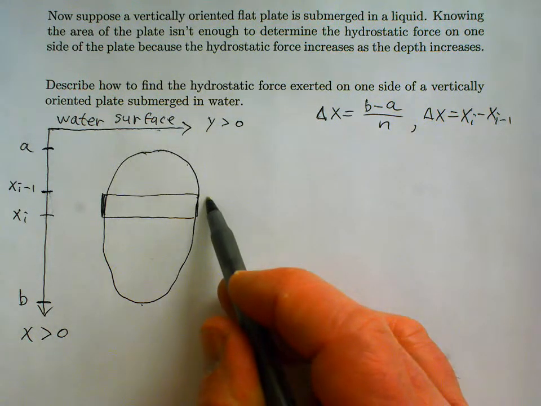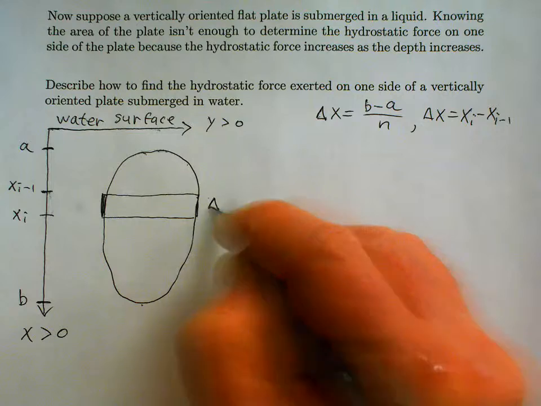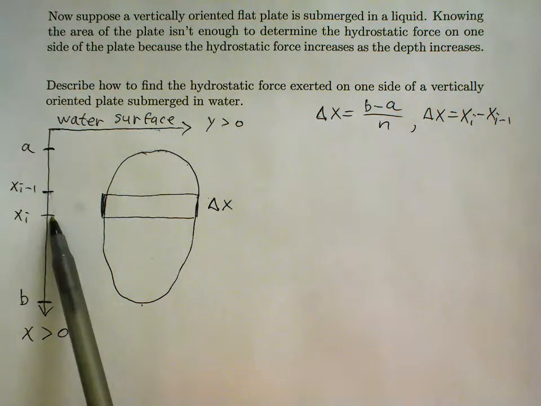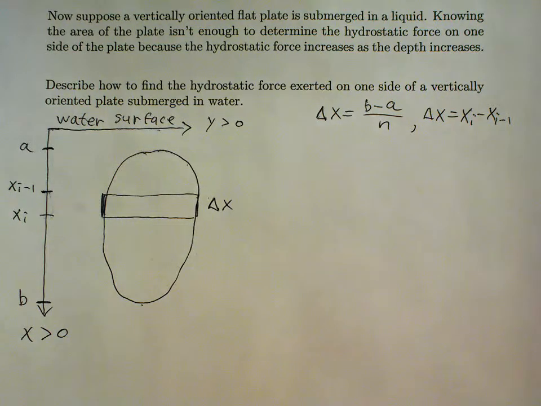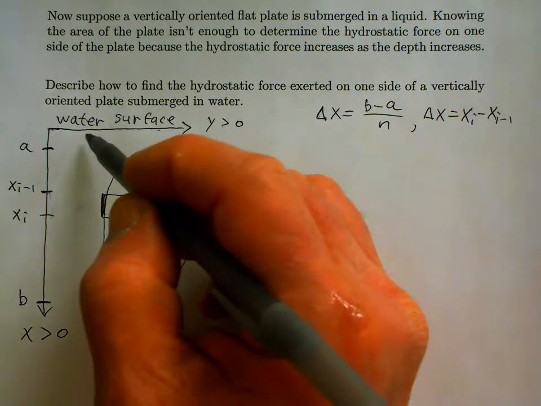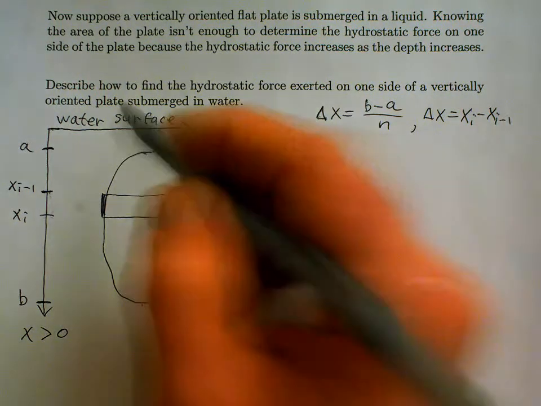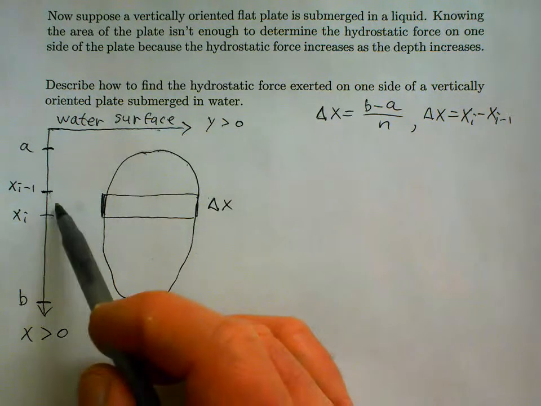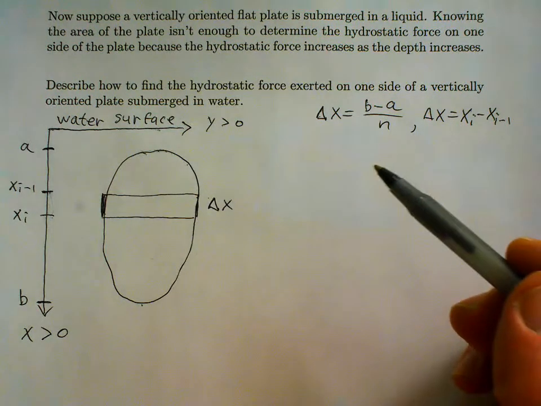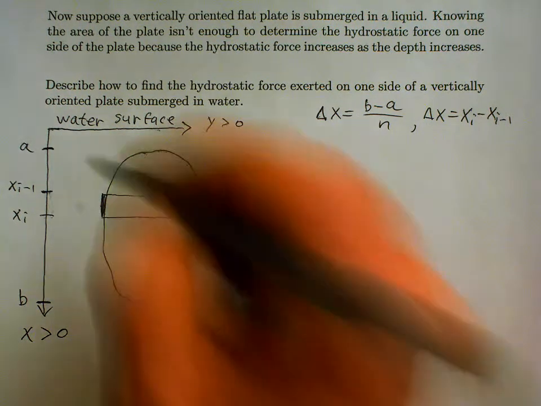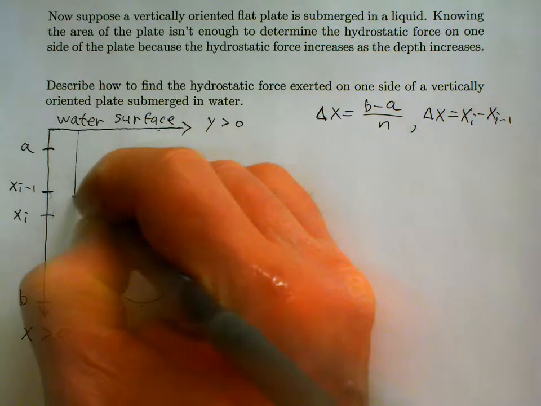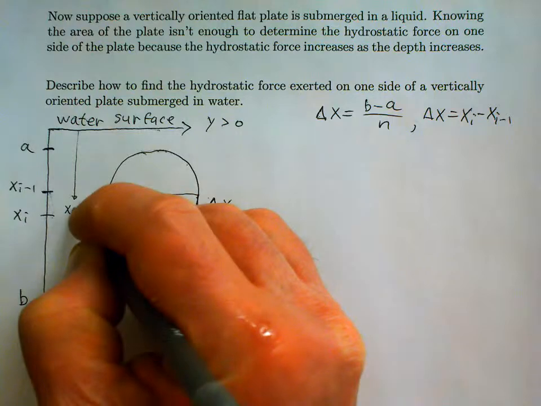So the vertical dimension of that is delta x, because it's on that interval from x sub I minus 1 to x sub I. And for an arbitrary x value on that interval, which represents the depth, we'll refer to that as x sub I star.